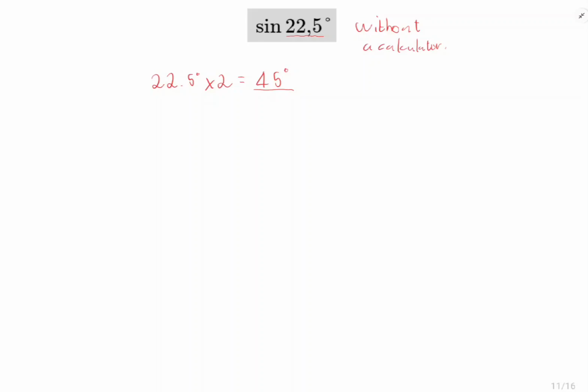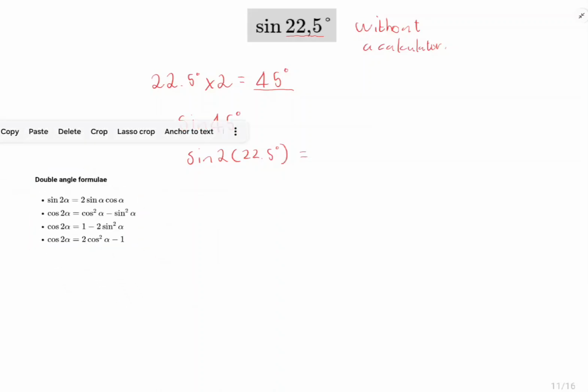So now the question is, how do we get to sine 45 degrees? I mean, sine 45 degrees would mean that it's sine 22.5 degrees, right? That is true. And when we expand this, let us look at our formulas.